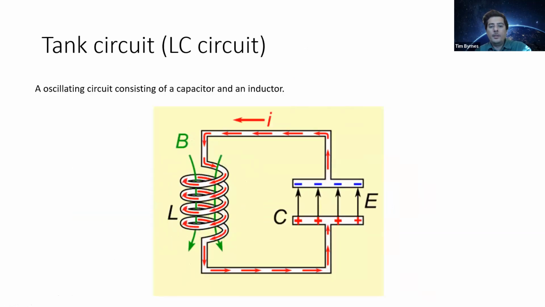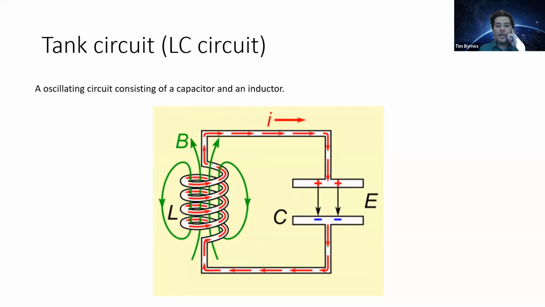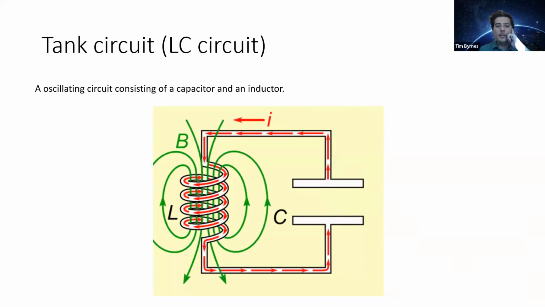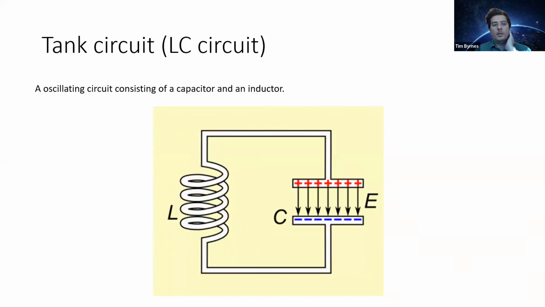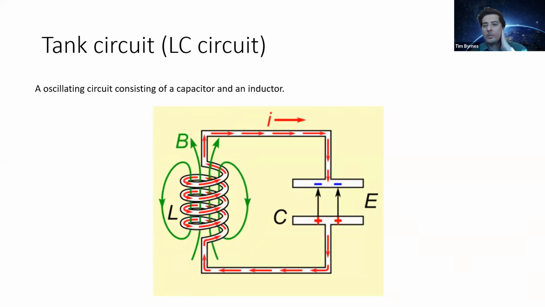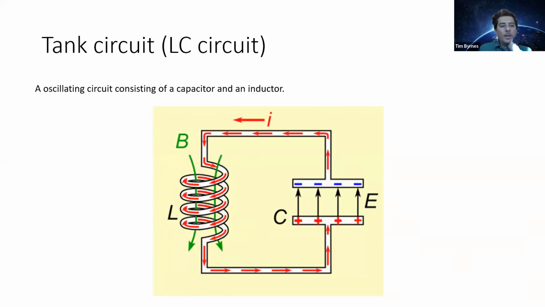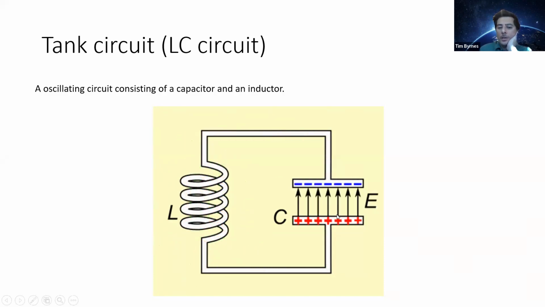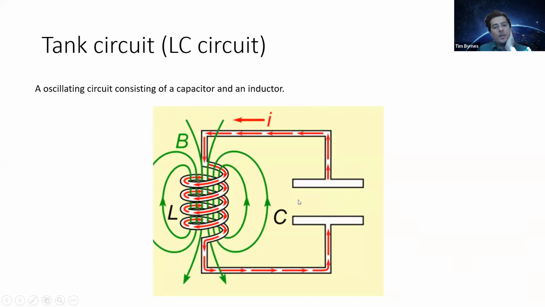Okay, and so the basic thing that we're going to be using is a so-called tank circuit, or LC circuit. And basically what a tank circuit is, it's a combination of an inductor and a capacitor.